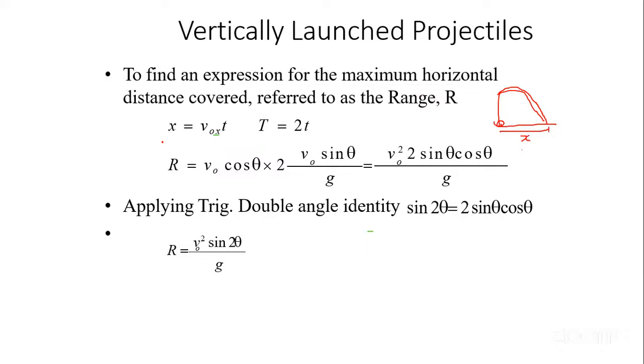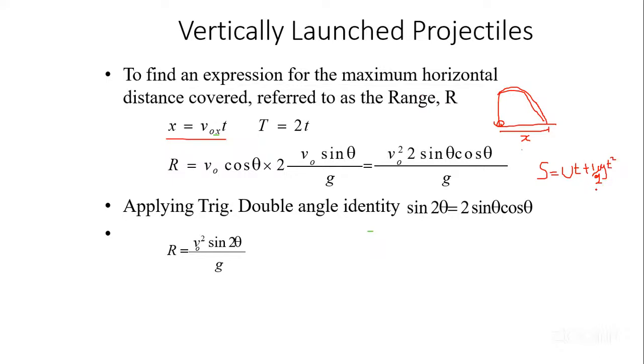This time we use the expression x is equal to ut plus half gt square.